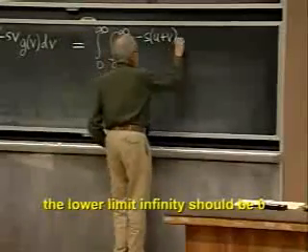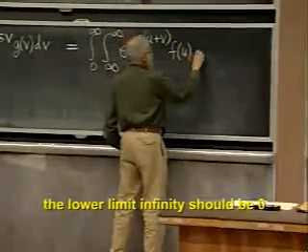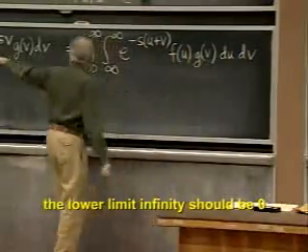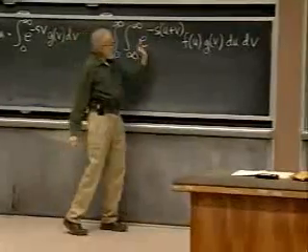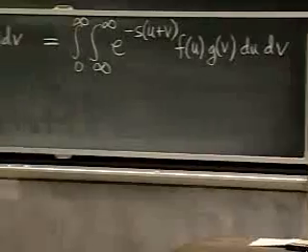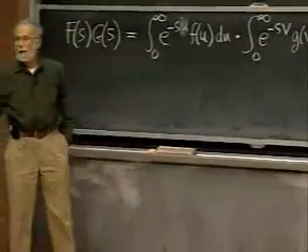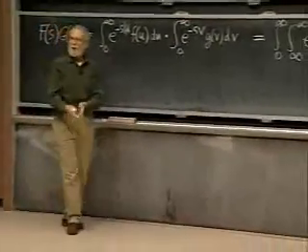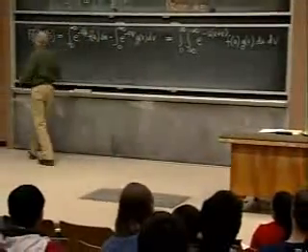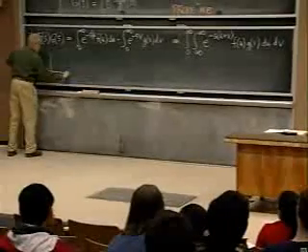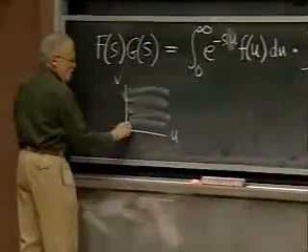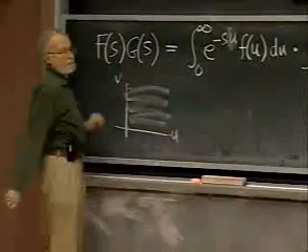And what gets dragged along? du dv. This is the same as that because of that law I just gave you. This is the product of a function just of u and a function just of v. And therefore, it's okay to separate the two integrals out that way, because I'm integrating over sort of a rectangle. It goes to infinity that way and infinity that way. But what I'm integrating over is this region of the plane, as u, v goes from 0 to infinity, 0 to infinity.